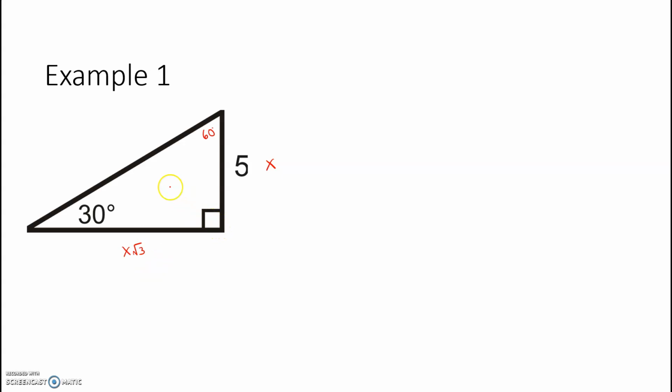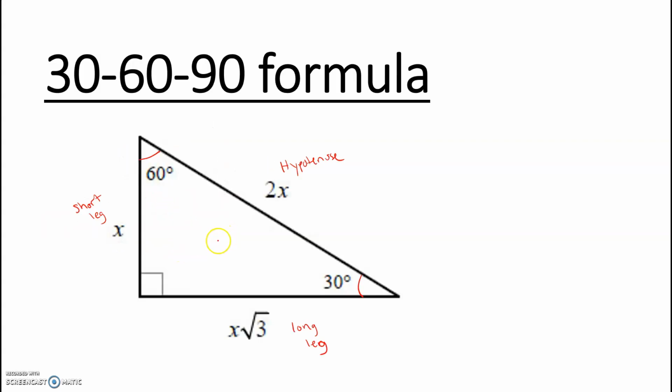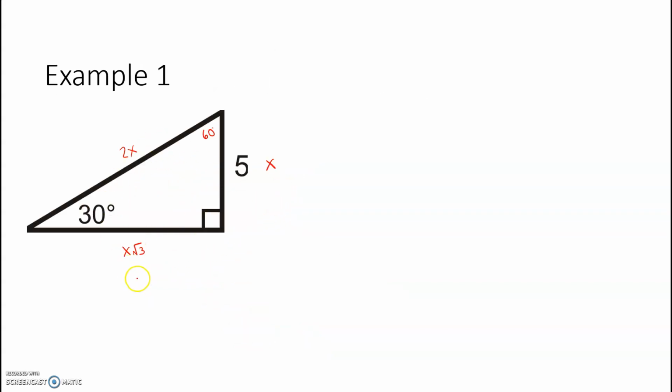And across from the 90 is your hypotenuse. That is 2x. So all I did was mark my formula. I went to the 30, traveled across, gave it an x. Went to the 60, traveled across, x root 3. Hypotenuse, 2x. So that's what I marked in my picture.